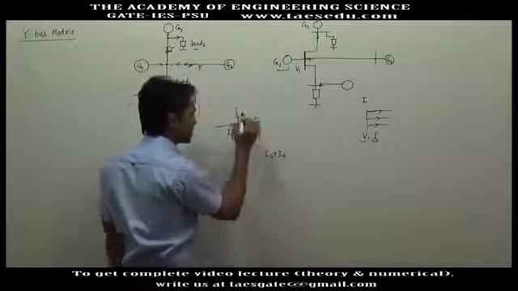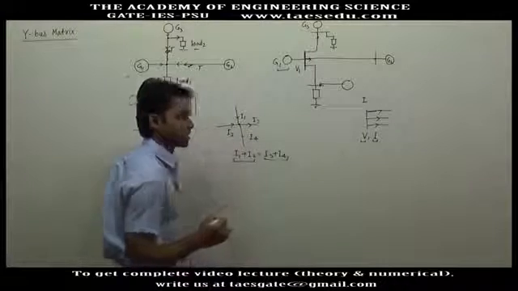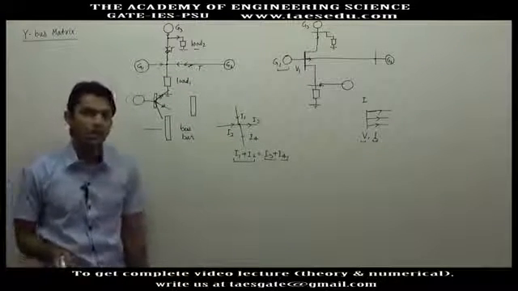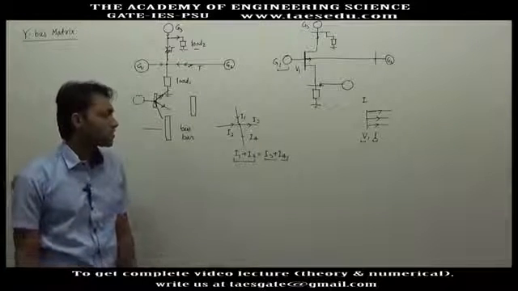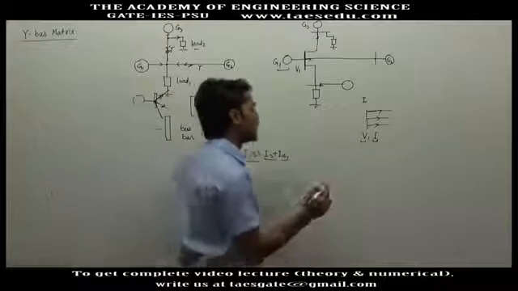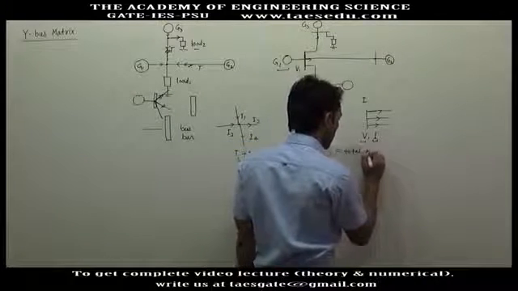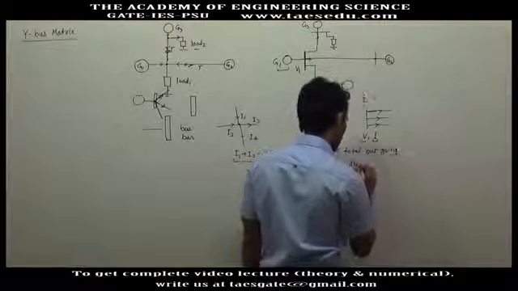So what will be the current through the junction? The total incoming current or the total outgoing current. These two will be equal. So whether I say total incoming current on a bus or total outgoing current through a bus, this will be the same. So we will define the current of a bus as the total outgoing current through a bus.